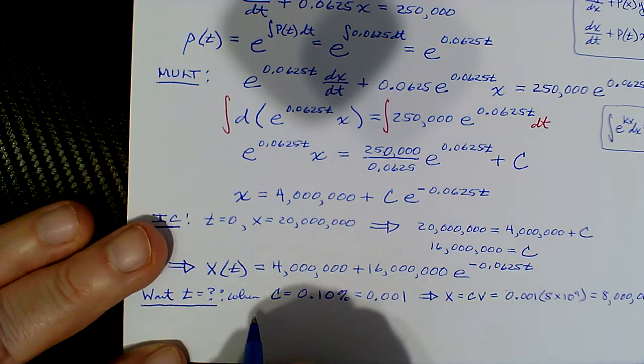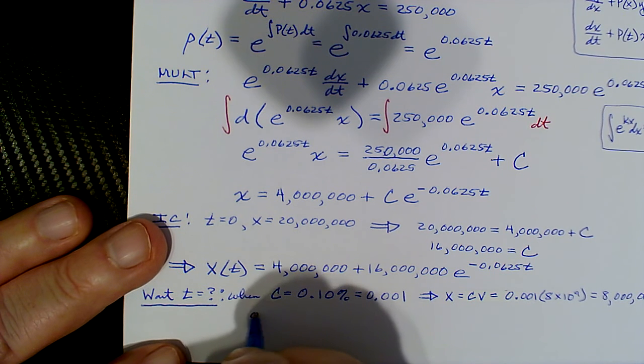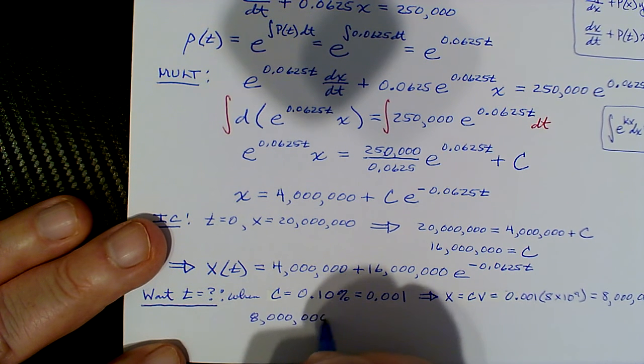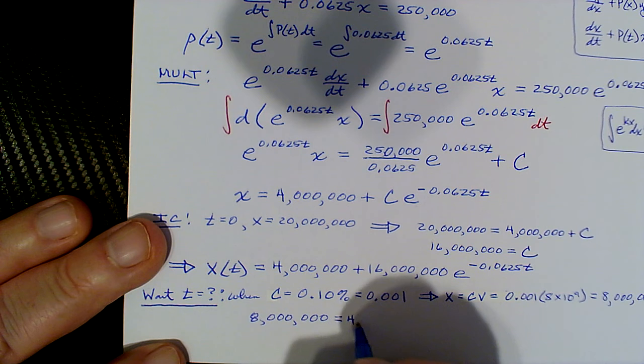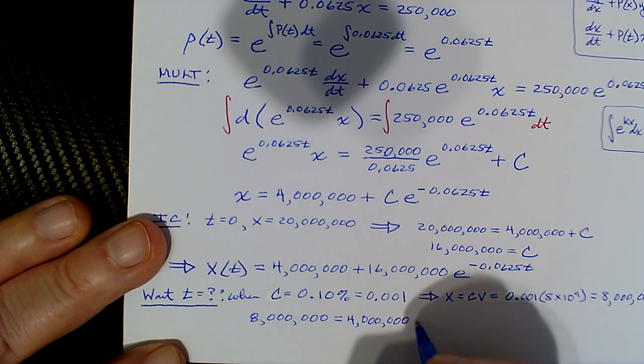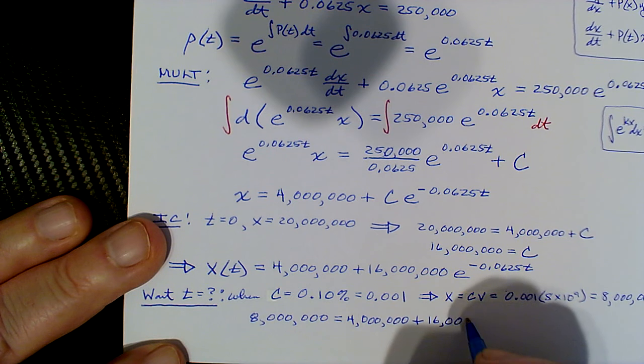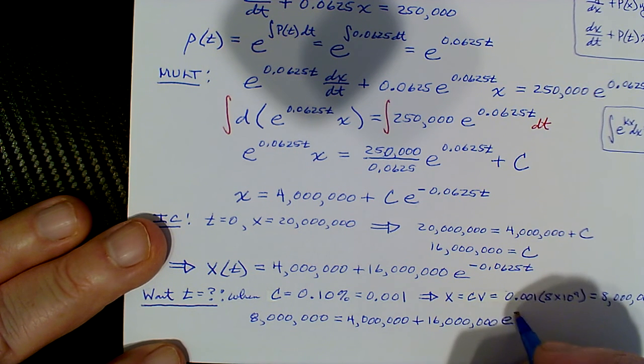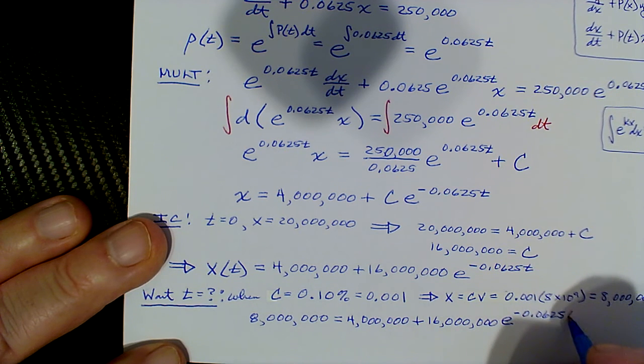Okay, so therefore 8 million will equal 4 million plus 16 million e to the negative 0.0625t.